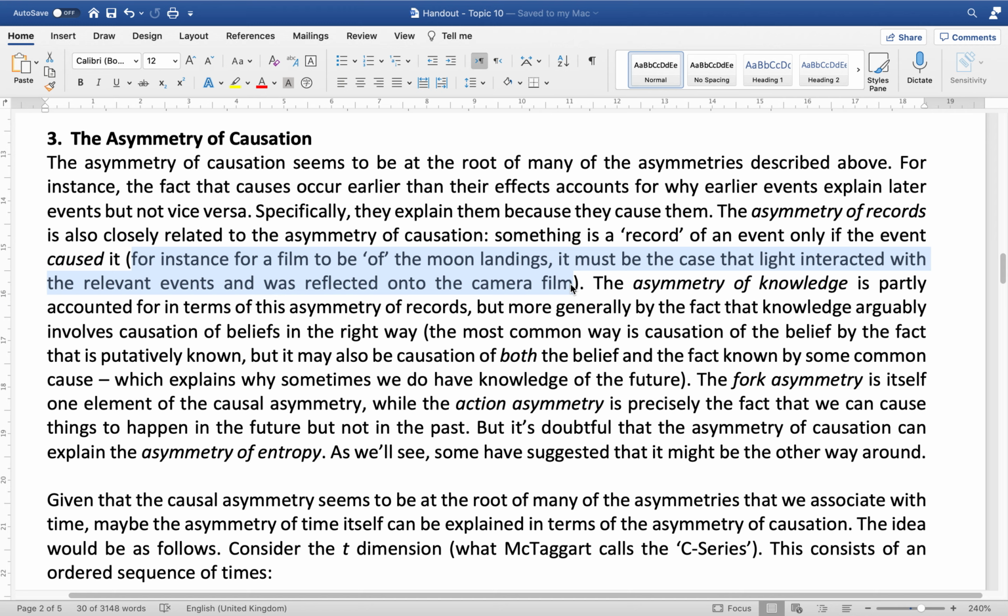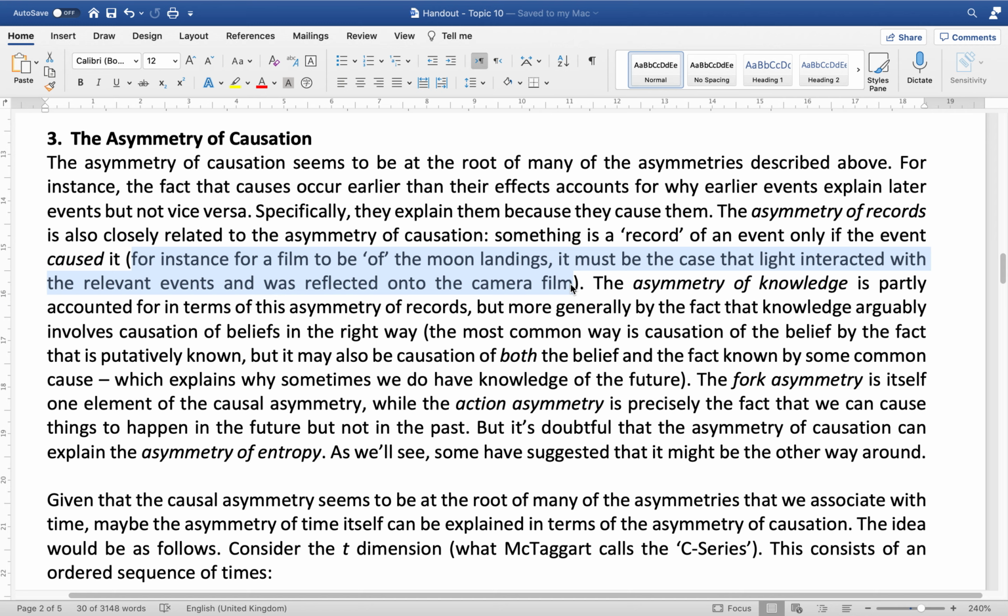The asymmetry of knowledge, again, we noted, seems to have something to do with the asymmetry of causation. So this is partly accounted for in terms of the asymmetry of records, but maybe more generally by the fact that knowledge arguably involves having beliefs that are caused in the right way. So, for instance, we have knowledge of the past because past states cause our present beliefs that furnishes us with knowledge.